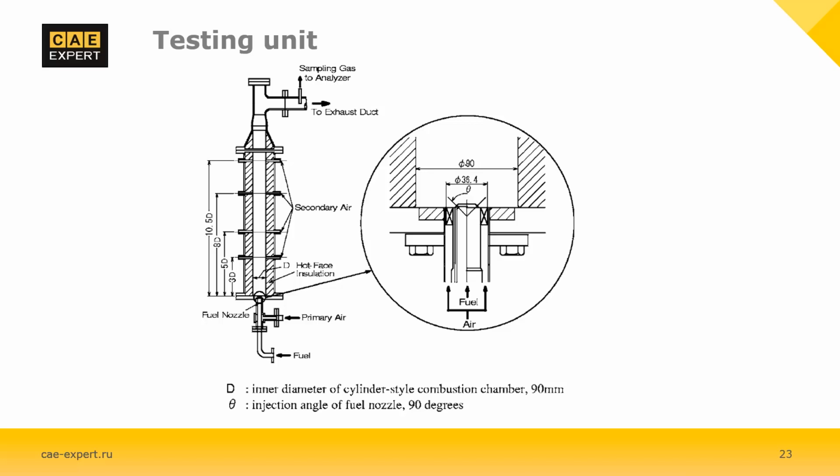The combustion chamber is lined with heat insulating material, and the casing is cooled with water. There are 4 sections for secondary air on the side walls of the combustion chamber along the direction of flow, to simulate an actual air inlet distribution of the gas turbine combustor.